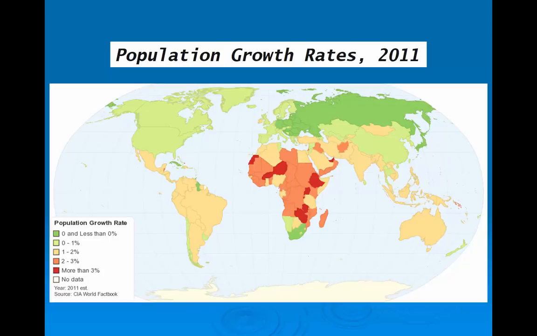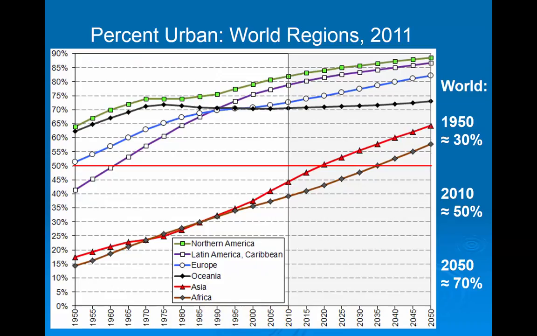Now, another trend we're seeing in our less developed countries is the percent of population living in cities continues to grow. If we look at the world pattern, over half the world lives in cities today. By 2050, they're suggesting close to 3/4. This is rapidly increasing throughout countries in Asia and Africa.